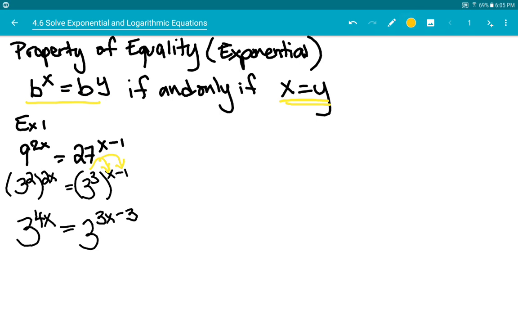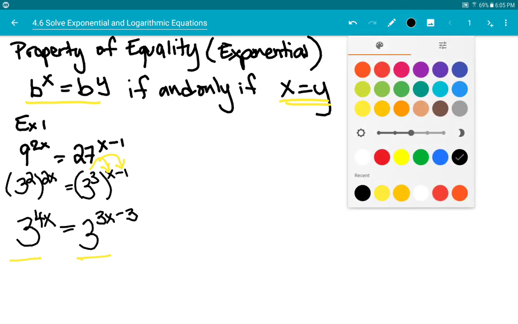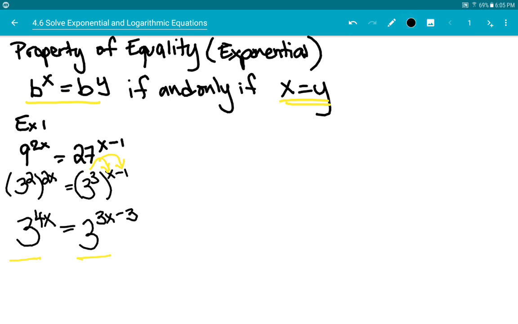The main thing we're trying to get you to do here is to manipulate the base to be the same. Now that the bases are the same, the exponents should equal each other. So we set our exponents equal to each other. We have 4x equals 3x minus 3.